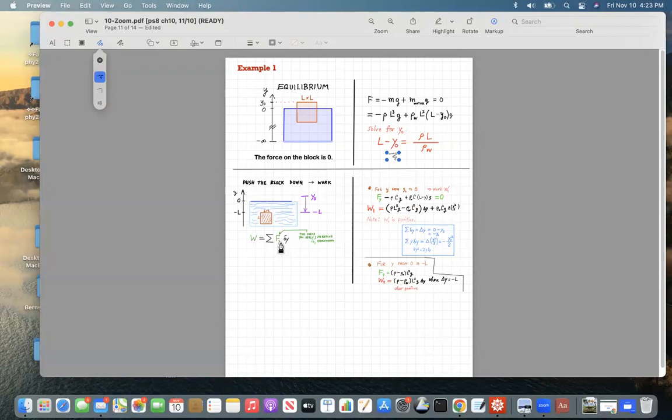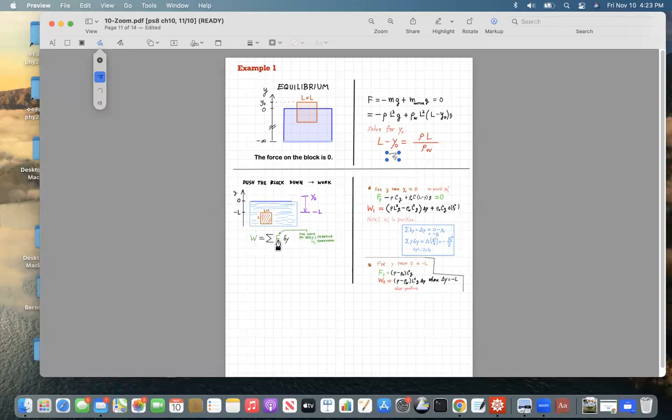So you're pushing down with a force F in the Y direction. That's the force that you exert in the downward direction, and it's moving down by an amount delta Y. So this is the amount of work that you have to do to move the block down by a distance delta Y. And now you have to add up all the distances until the block is length L below the surface.